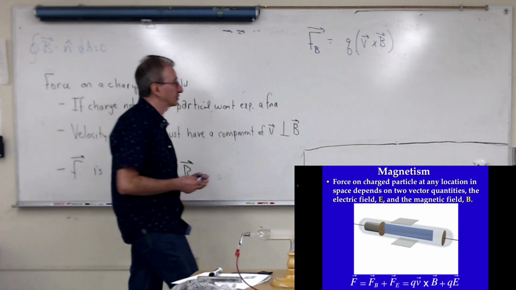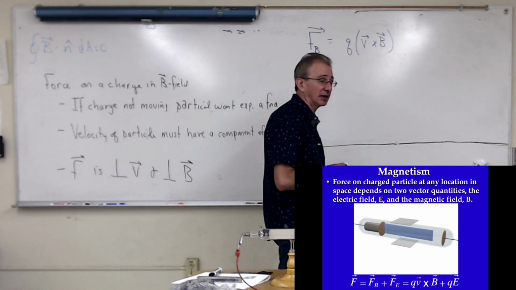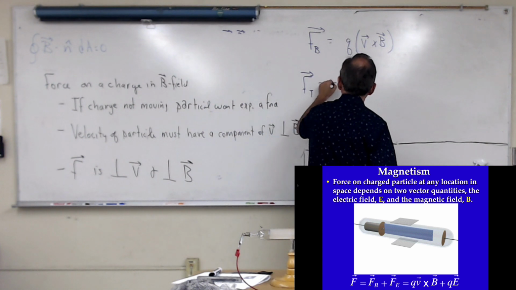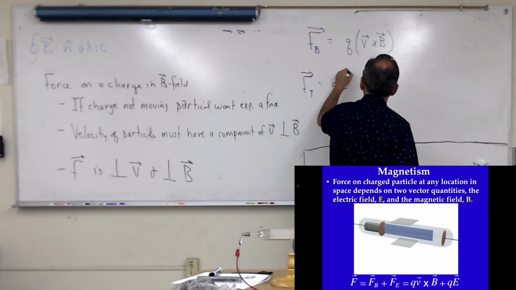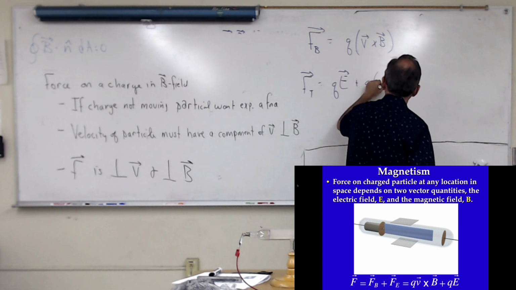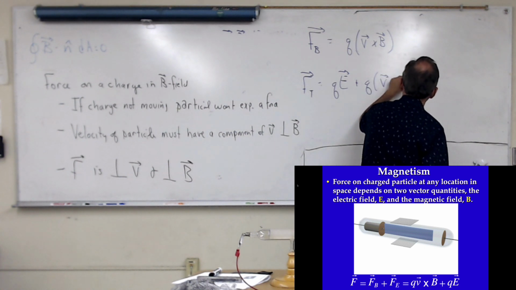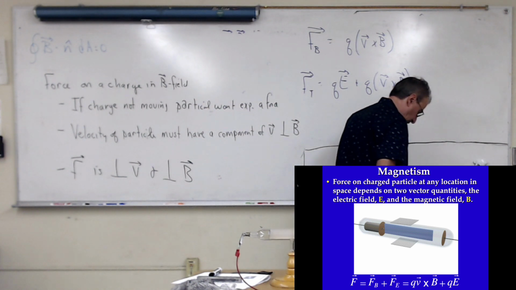And in fact, if you have a charged particle in an electric and magnetic field, then the total force is Q times E plus Q V cross B. So this is the total force.